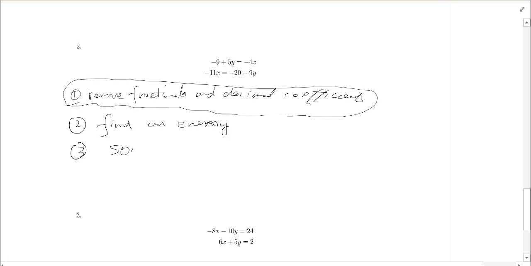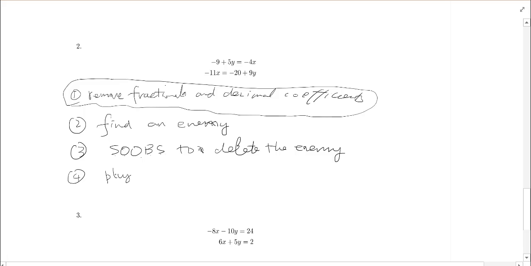Then use our operations, the same operation on both sides, to delete the enemy. And the fourth step is that you need to plug in.